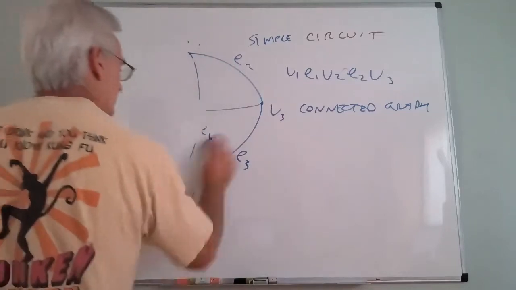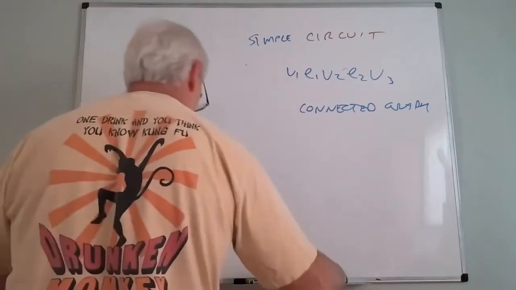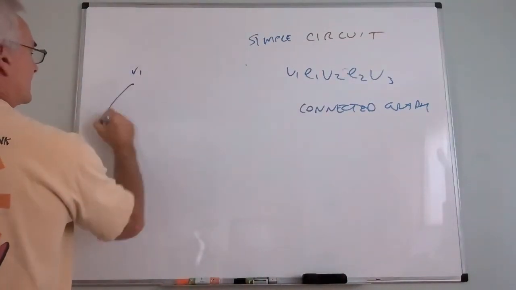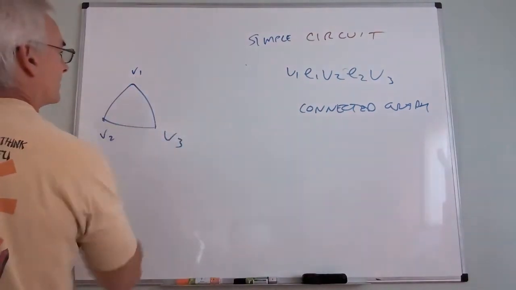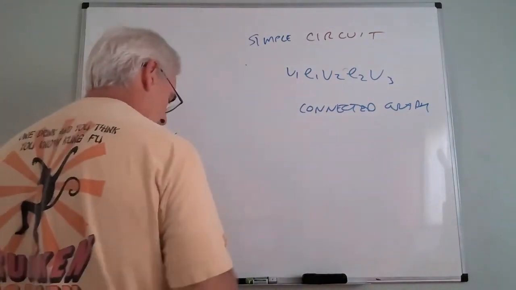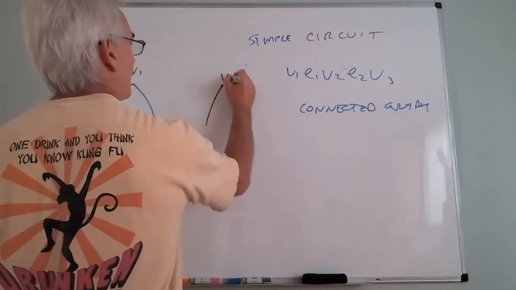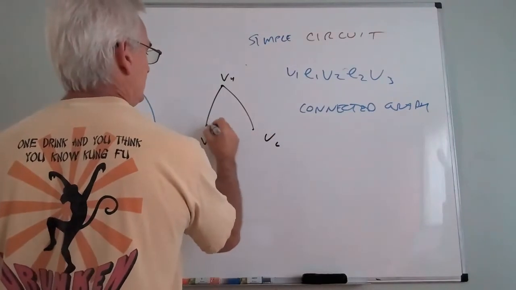Okay, so let's do another one. So I have a situation here, keep it really simple. I have V1, it's connected to V2, I have V3. This is obviously a connected graph. Then maybe over here, I have a different set of vertices, V4, V5, V6.